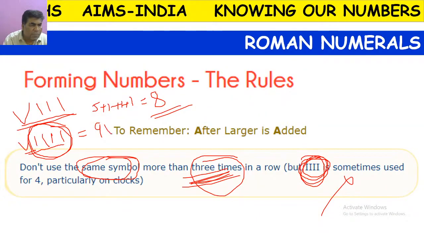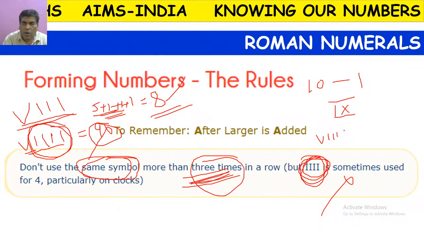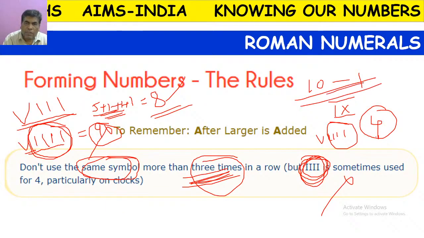So that's why this is wrong. Only 3 times we can add. So for writing 9, what have we done? We have written 10 minus 1. IX we have written. We cannot add I 4 times. So that's why in the form of subtraction we have written 9.